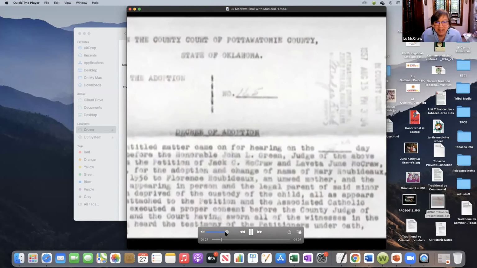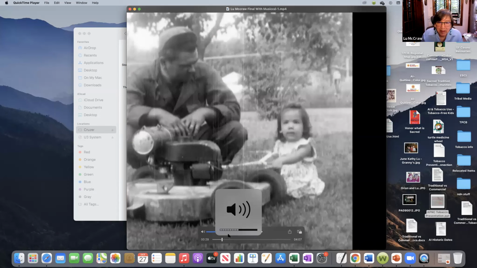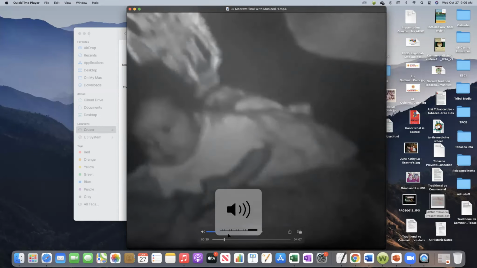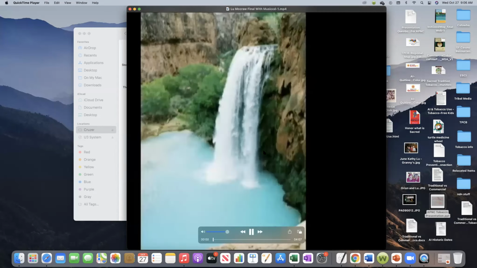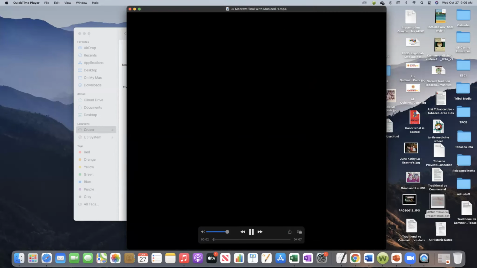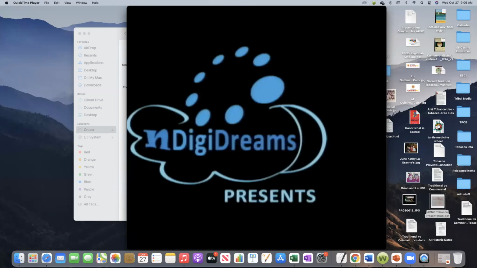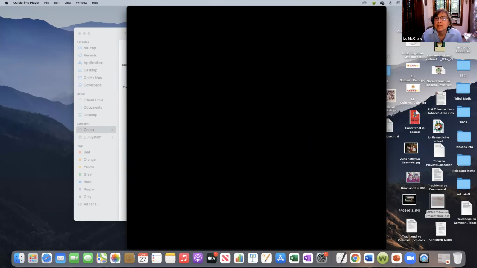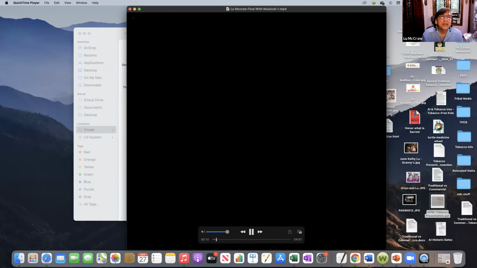Oh, great. You don't hear it? Well, no. I think there's an option in your share settings to share the audio as well. Let's just forgo that.